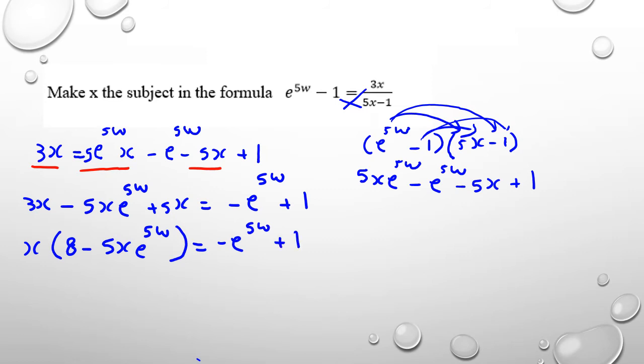Now x is multiplied by the bracket, so to keep x as subject of the formula, x equals negative e to the power of 5w plus 1 over whatever is in that bracket, which is 8 minus 5e to the power of 5w. There's no x in here, sorry, that's my mistake, because I took it as a common factor. And that's your final answer.